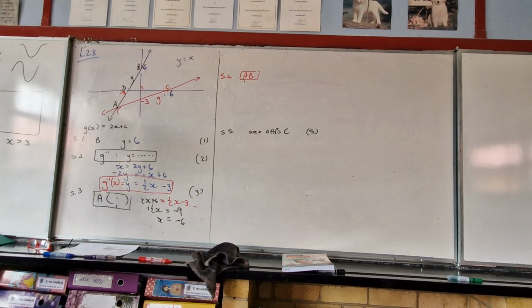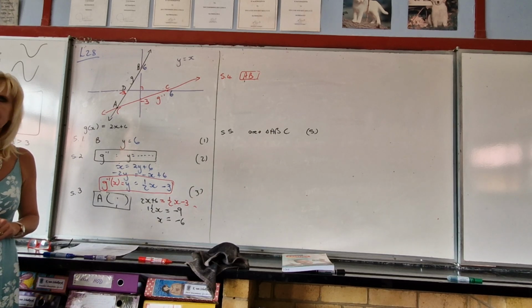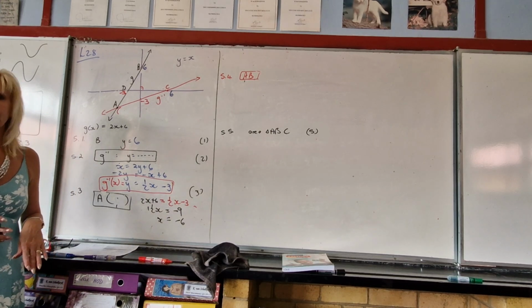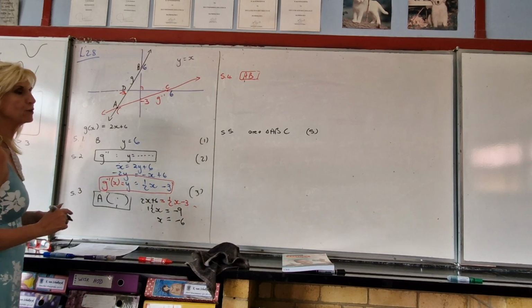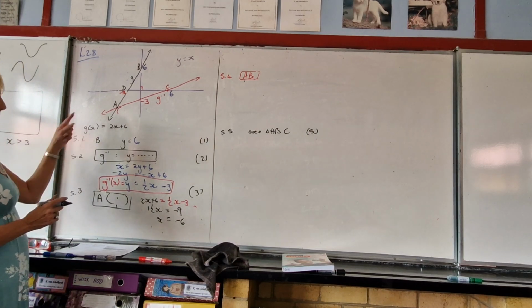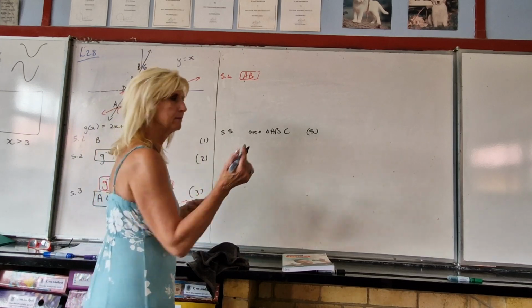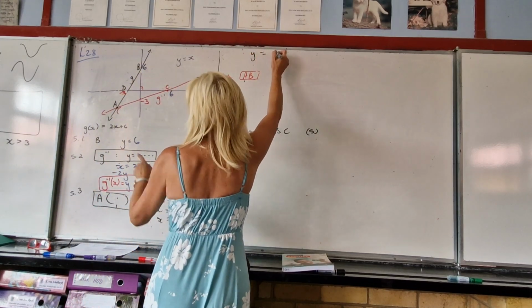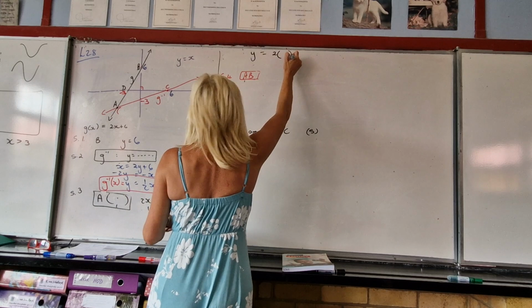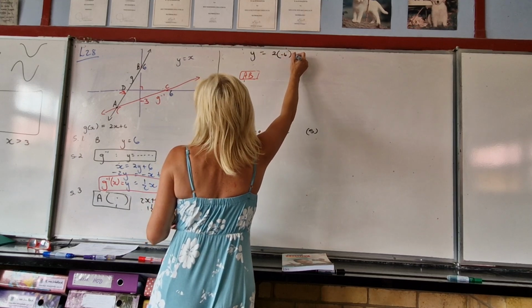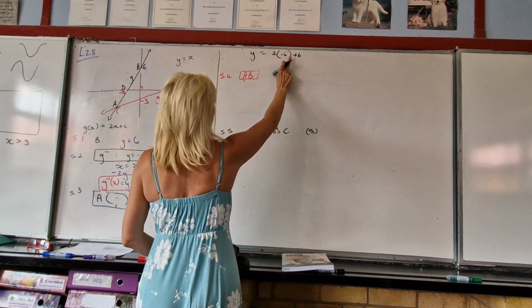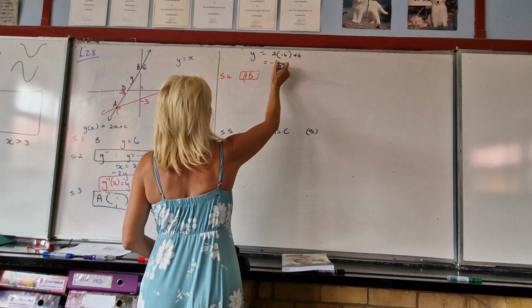Now, how do I find the y? Substitute it back again. Let's do that, and then I'm going to show you something. In which one? Either in the black one, or in, let's not joke with the fraction. Agree? So it's going to be y equal to 2 times x. That was negative 6 and plus 6. That gives me negative 12 plus 6. That gives me negative 6.